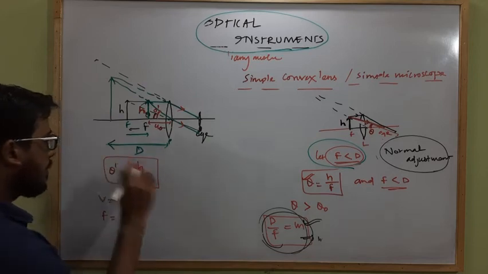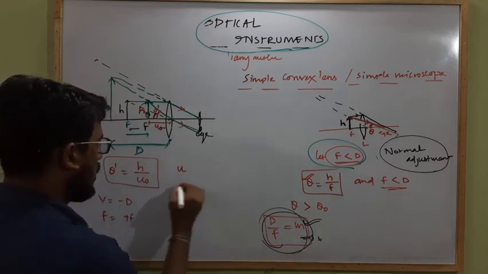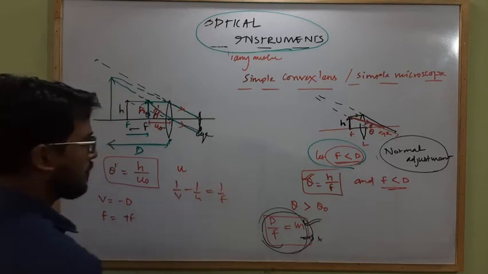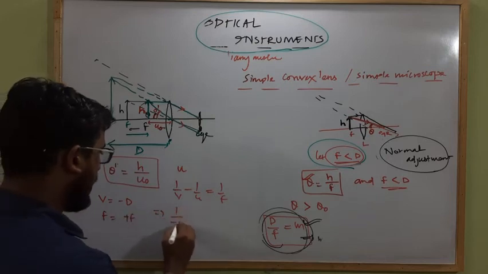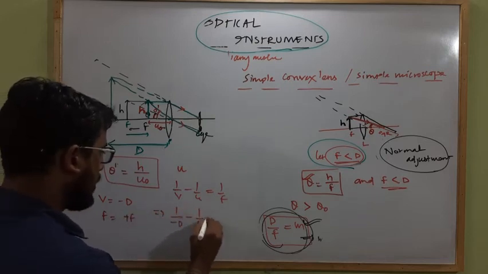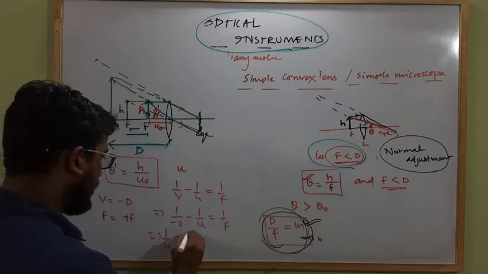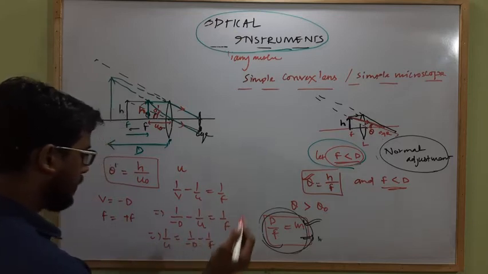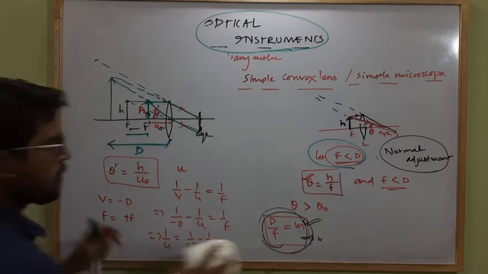So what is u? According to the lens formula, we know 1 by v minus 1 by u equal to 1 by f. So from this we will get 1 by v equal to 1 by minus D, minus 1 by u equal to 1 by f. So this implies what is 1 by u? 1 by u equal to 1 by minus D minus 1 by f. So this implies u equal to how much?